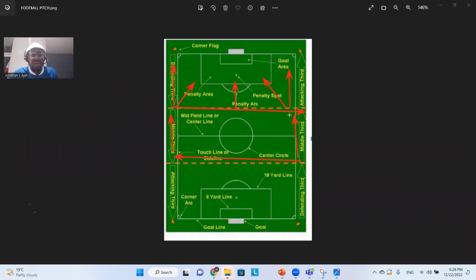If you are the type of manager that plays on the flank, you want to train a lot of the lower body of your attacking midfielder so that they have pace and control while running on the ball. You also want to train them to have power to cross and foil the ball.